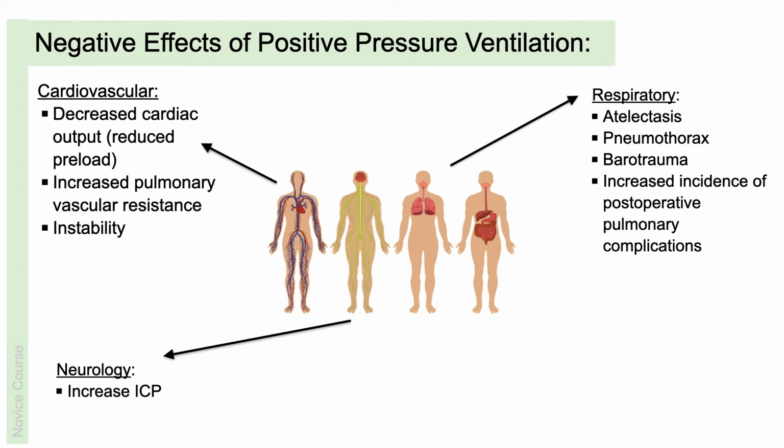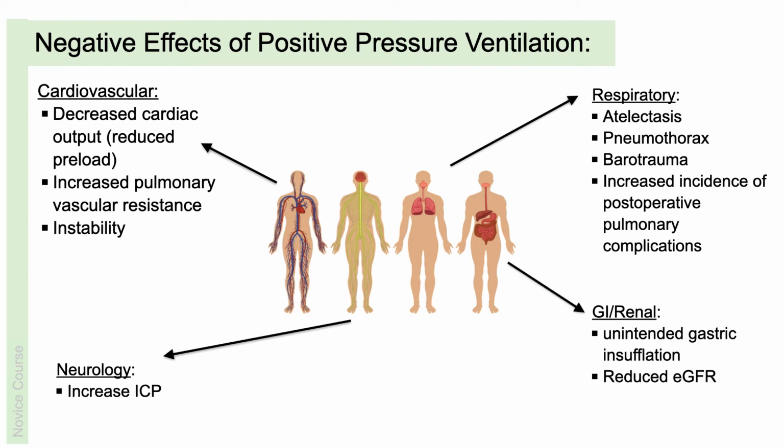For the brain, this positive pressure applied to the thorax is transmitted. It impedes venous drainage from the internal and external jugulars and can increase intracranial pressure. Again, this is relatively insignificant for most of our patients, but can be significant in some.